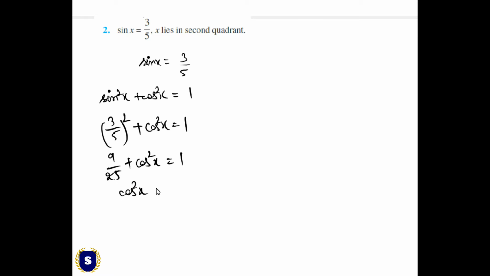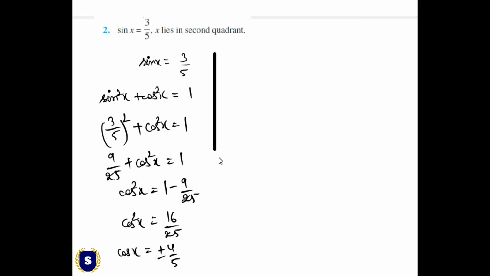Keep it as cos square x only till the time you don't get its value. Taking LCM we will get 16 by 25, or we can say cos x is equal to plus minus 4 by 5. Okay, again we have got two values for cos x, but we know we have to neglect one value.